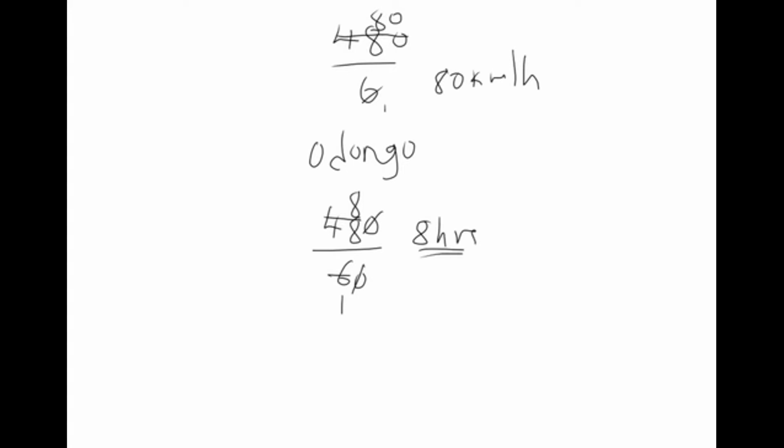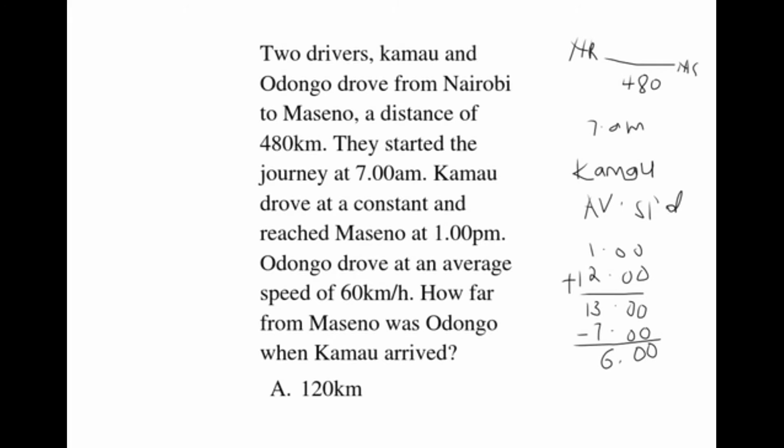Now the question asks us how far from Maseno was Odogo when Kamau arrived. Kamau arrived after traveling for 6 hours. Odogo arrived after traveling for 8 hours.